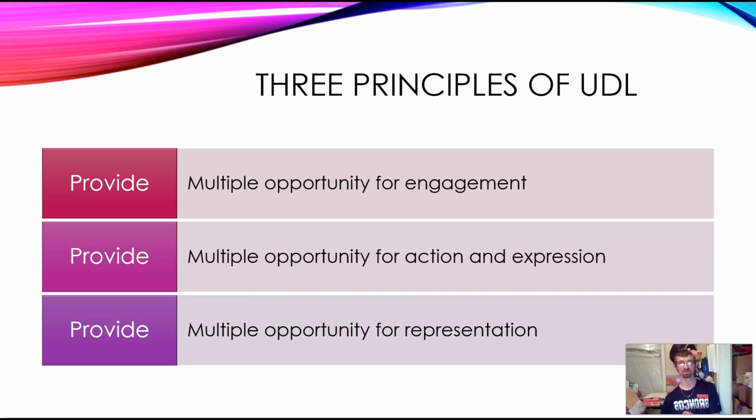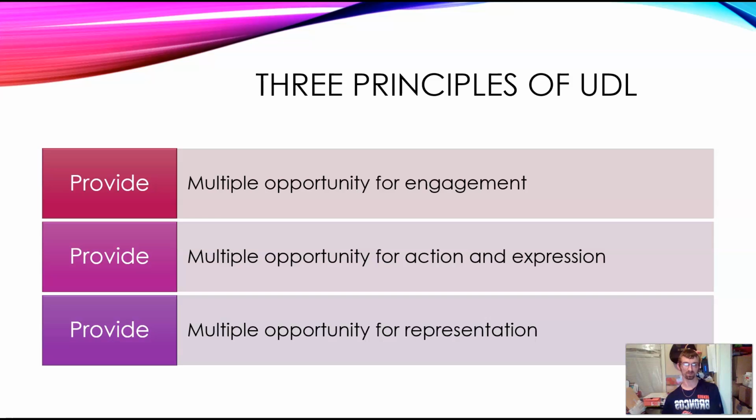Some examples of engagement: you could survey the students about their interests, their strengths, their needs, and then incorporate those into your lesson plans. You could use choice menus when working toward their individual goals, and then state the learning goals clearly in a way that feels relevant to your students.